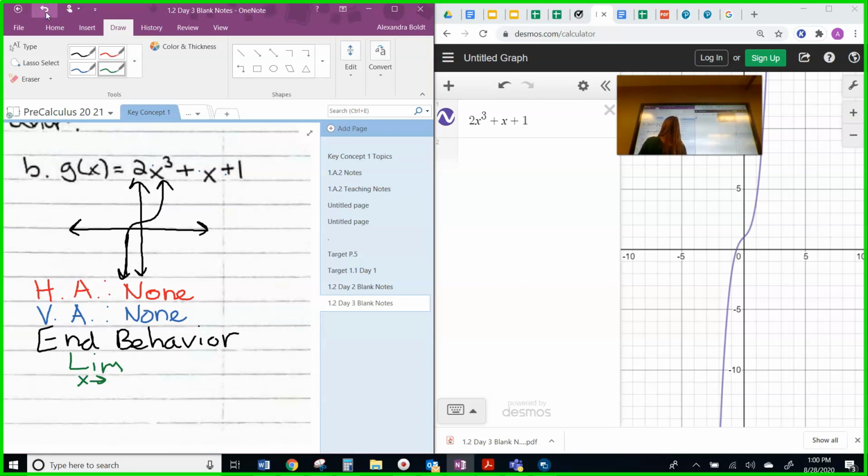I want to do negative first, but it doesn't really matter which one you do first. Again, what's happening on the far left? Where's our arrow going on the left? Our arrow's going down, right? So it's going down towards negative infinity.